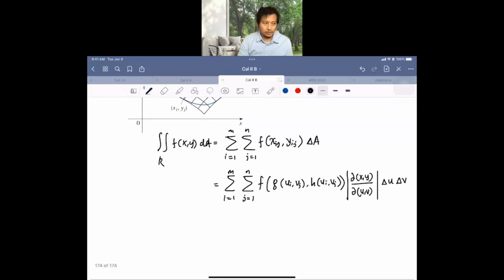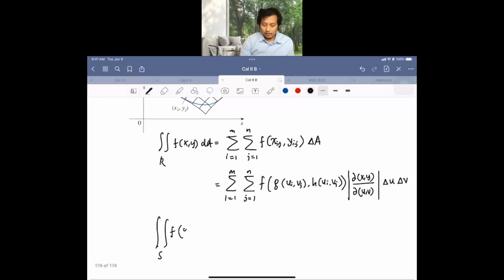Or we could say that in terms of S, when we transform based on the xy relation with the uv plane, we have f of g(u, v), h(u, v), and then this will be the Jacobian of (u, v), and this will be du dv.